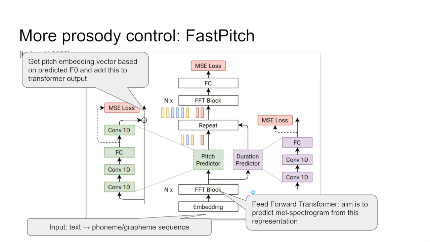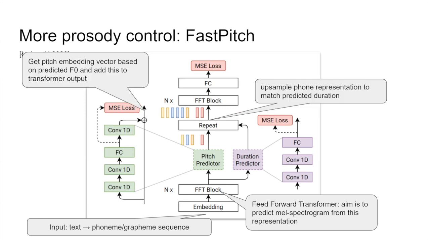So from this text representation, you predict the pitch per phone or grapheme, so per subword unit. And you also predict the duration, and these prosodic features are basically added in to the text representation to predict the spectrogram, and then again the waveform.